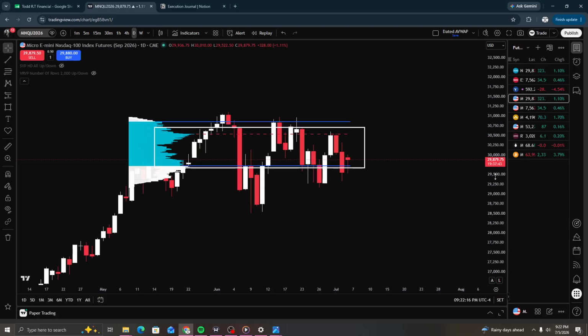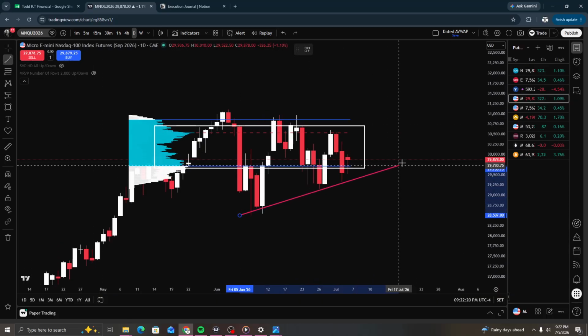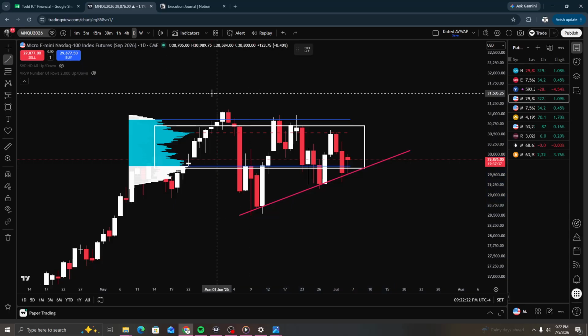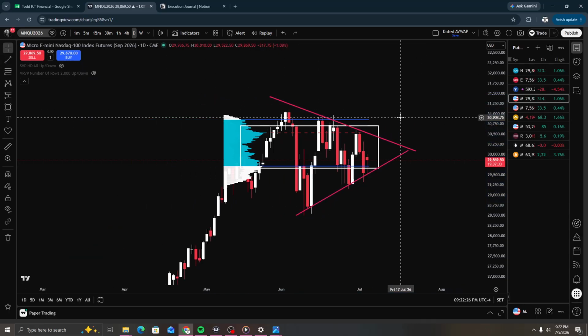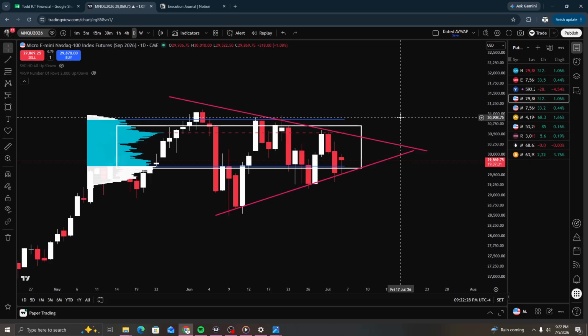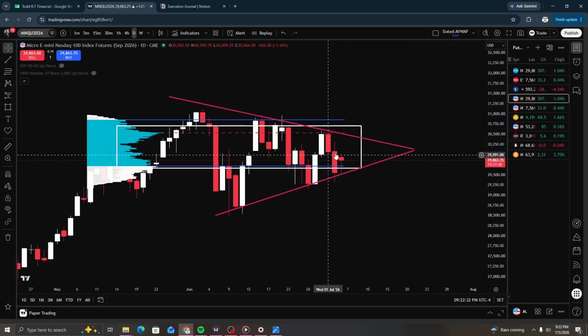we are getting really tight up in here. Super tight. This makes me not even reluctant to trade tomorrow or the week until we get a break somewhere.